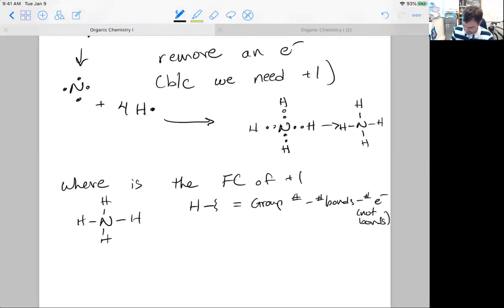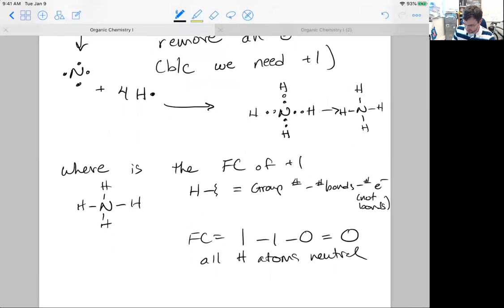Okay, so for hydrogen, that's going to be equal to group number 1 minus 1 bond minus 0 electrons equals 0. All of the hydrogens are neutral. So then, by process of elimination, the nitrogen must then have a +1 formal charge, but let's figure that out.